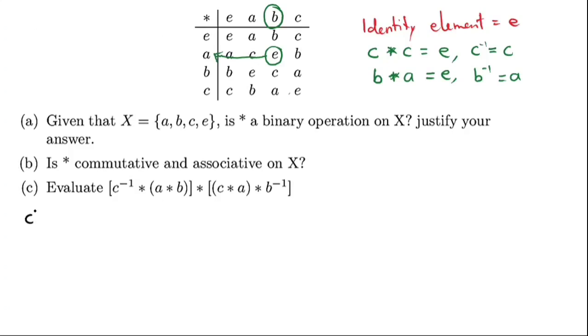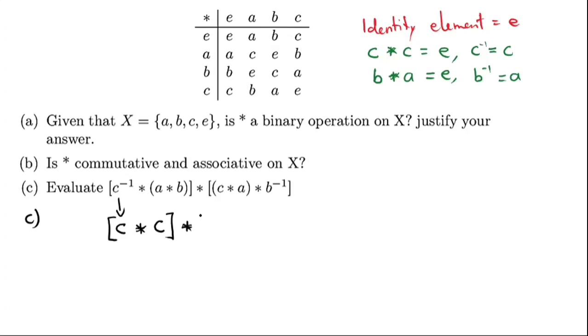Let's answer part C. So from this entire expression here, where I have the inverse of C, remember the inverse of C is C. Star. What is A star B? Let's go back to our table there. A star B, A combined with B gives us C. Okay, this is what we have in the first bracket.